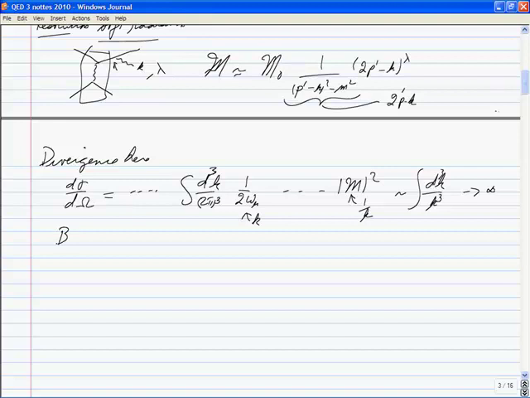So this is bremsstrahlung, which I always have trouble spelling. That's beam radiation, basically soft radiation from some process. And if you do the calculation, you get d sigma d omega for this soft radiation as d sigma d omega 0 times 2 alpha over pi log.